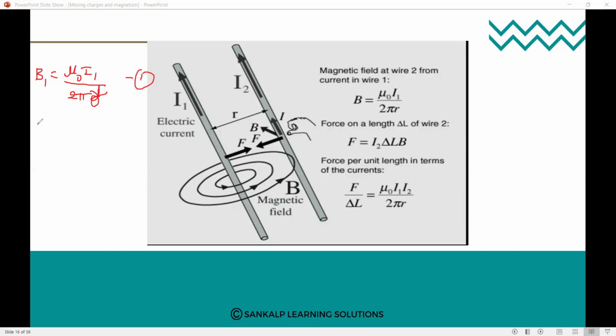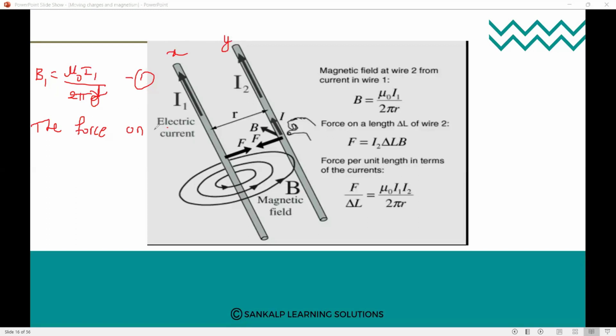Now, the next step is to write the force expression. The force on the current carrying conductor y. We labelled the conductors x and y in the beginning of the derivation. This is x, this is y.